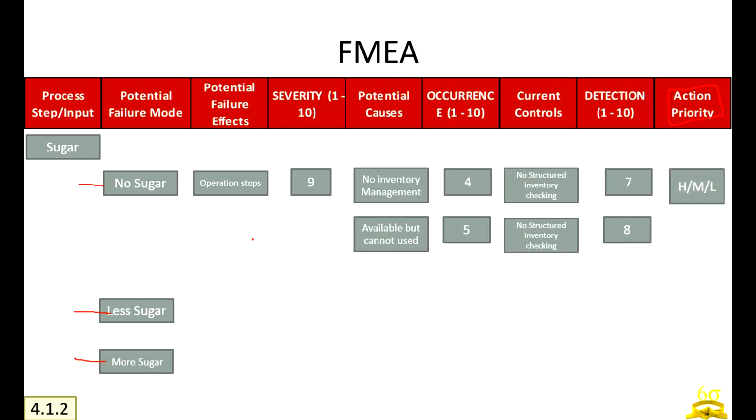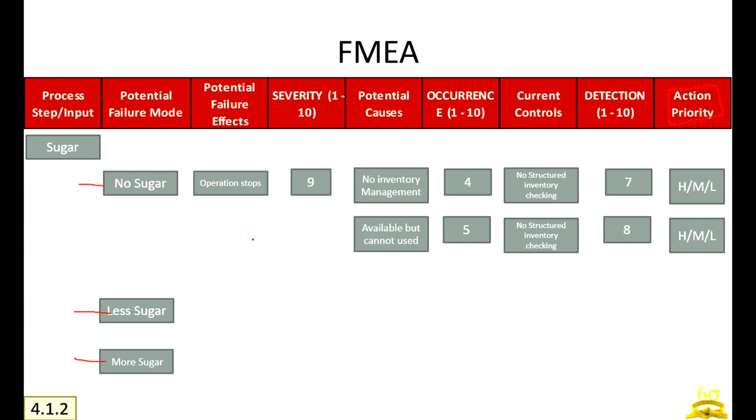Action priority has changed now, so you can assign high, medium, low. And the action is your plan to mitigate this failure mode. The action would be that we will have inventory management every day evening.